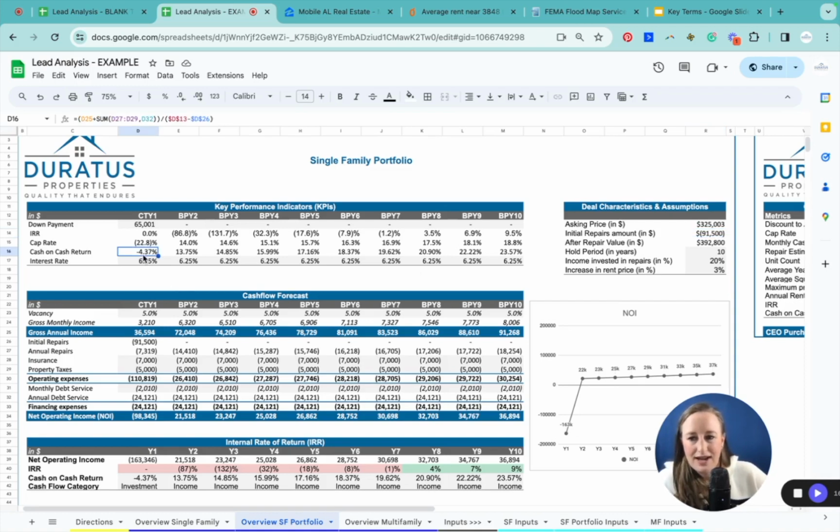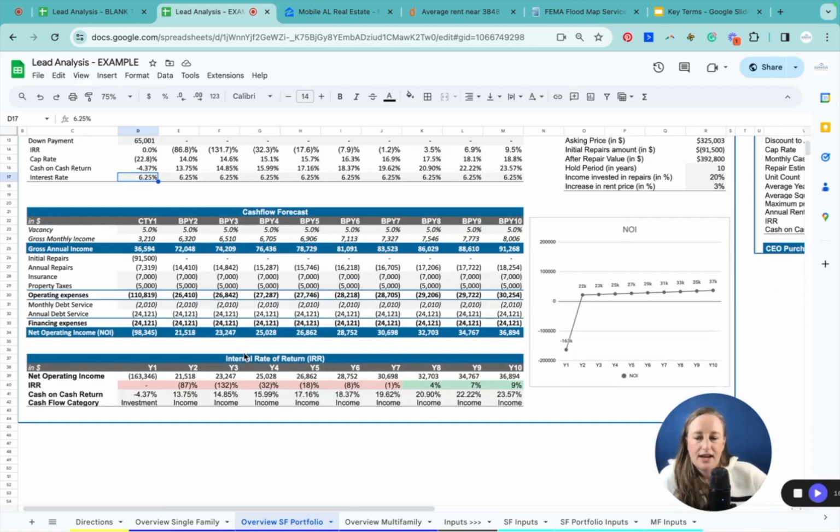So we have a negative cash on cash return in year 1, but then it gets progressively healthier over time, 13.75% all the way up to 23, almost 24%, which is really good over time. And then your interest rate. All right. Then we can take a little deeper dive into our cash flow forecast. Here, obviously, year 1 is looking rough given the down payment and the steep repair costs that we would have to pay.